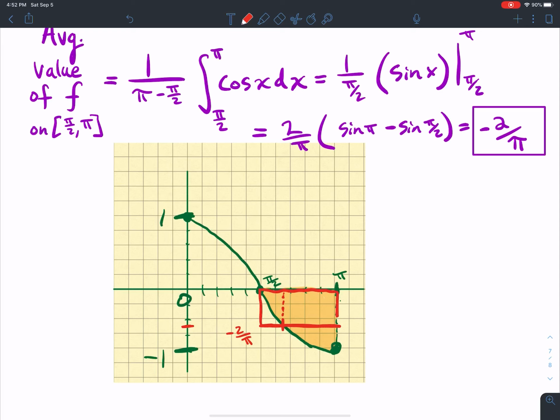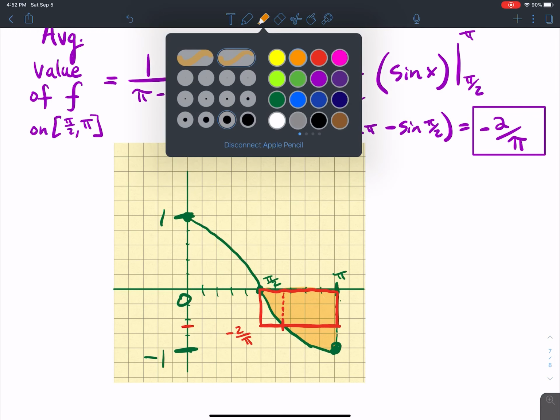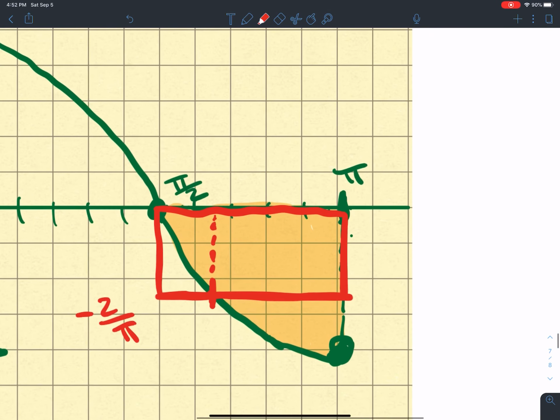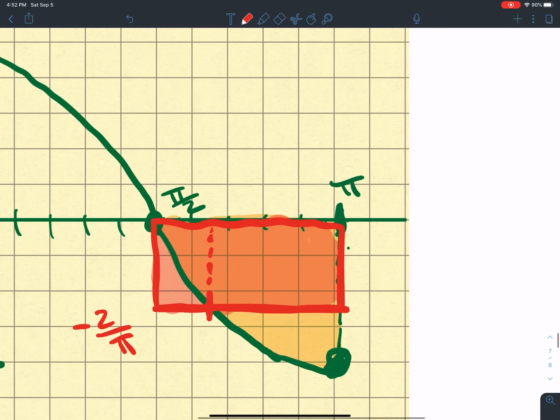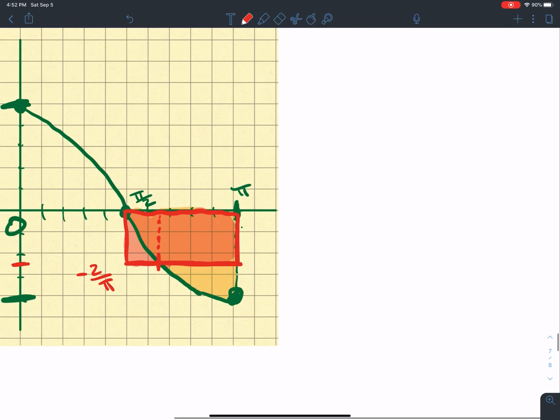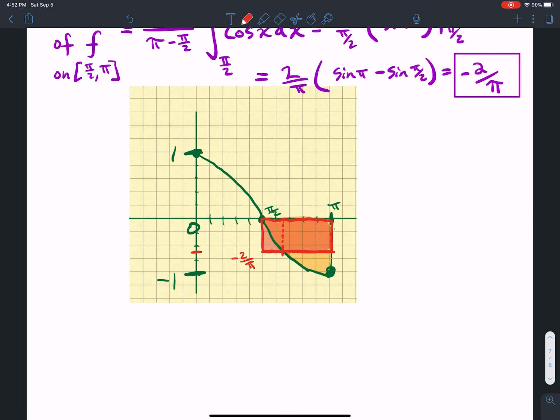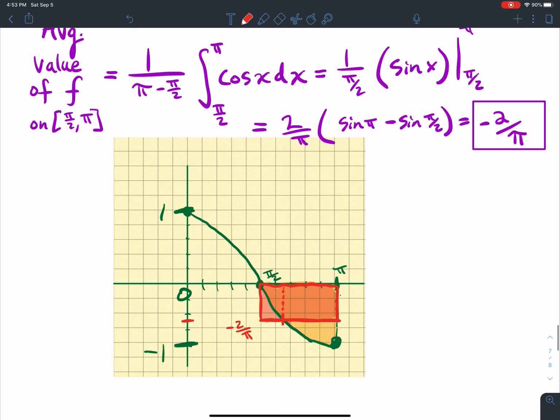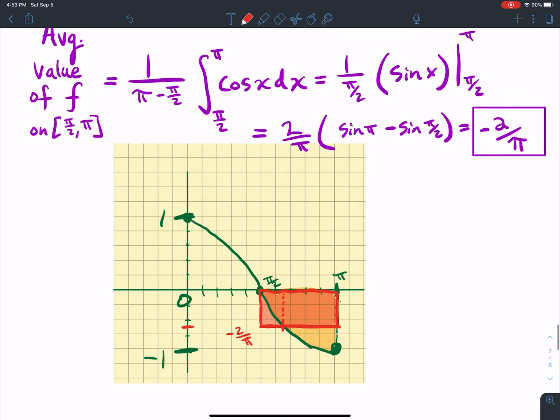So this area, this red area right here, is equal to that orange area of the function cosine integrated at that point. All right, so kind of an interesting thing going on there.